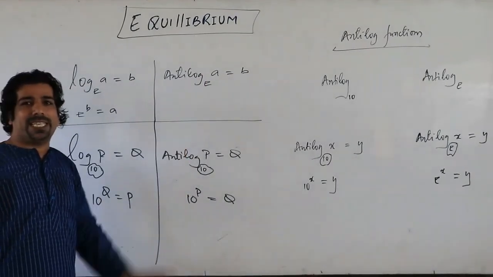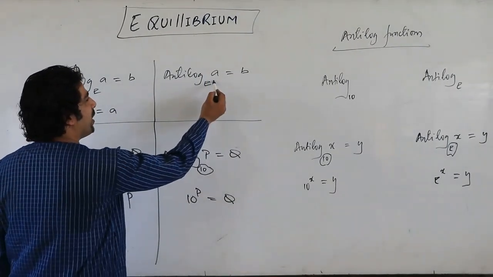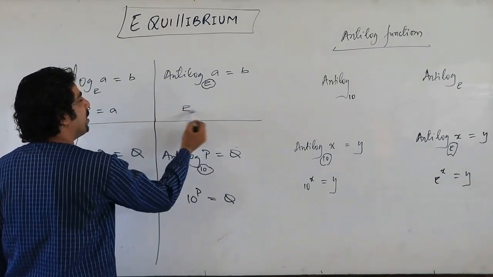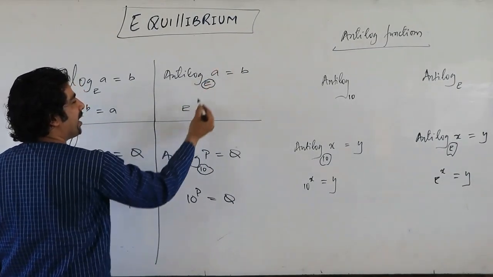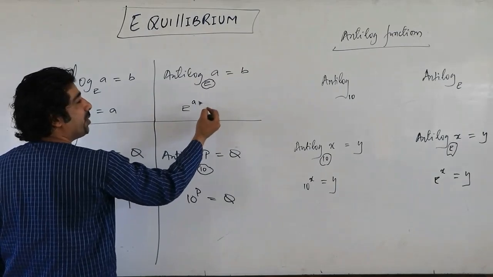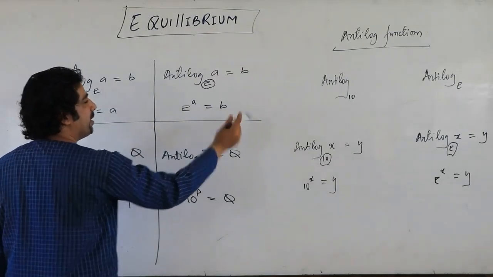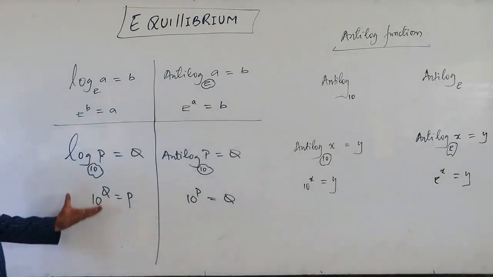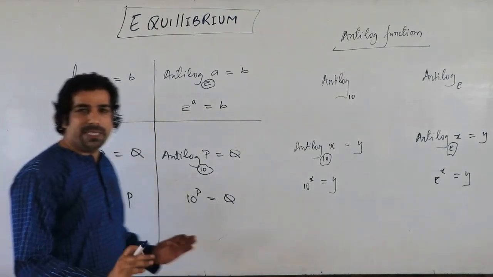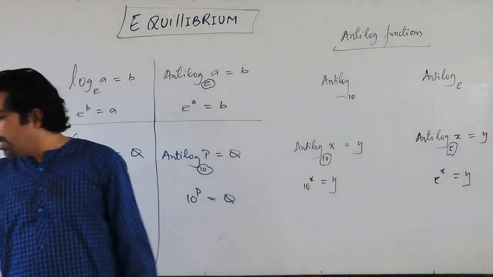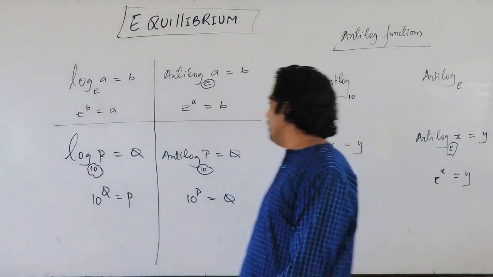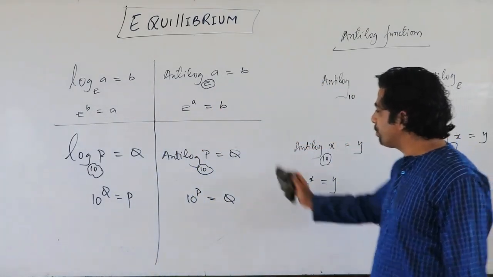I'm just giving an expression, my dear friends. Here you take the base e, b will not come as a power, a will come as a power. e to the power a is equal to b. So that is the difference between log and antilog, my dear friends. Please remember this particular expression and we'll go further. Let me just make it a little easier for you here.